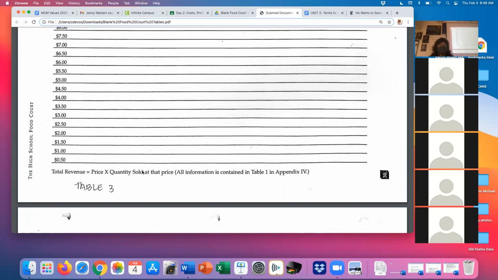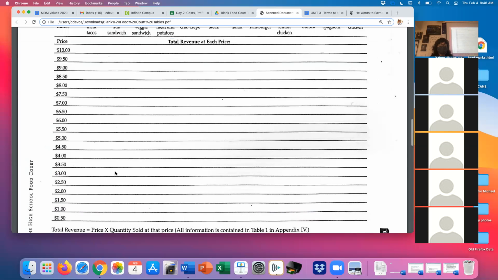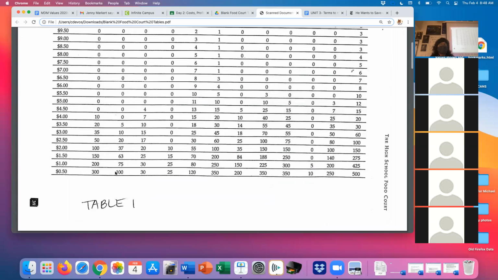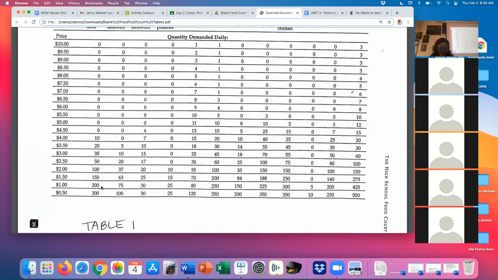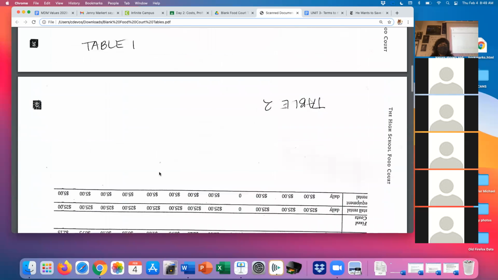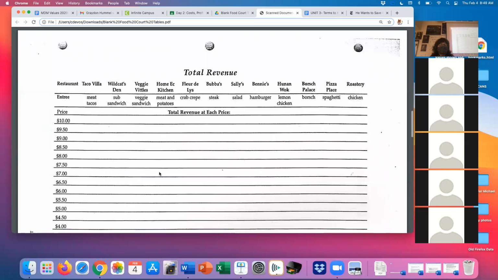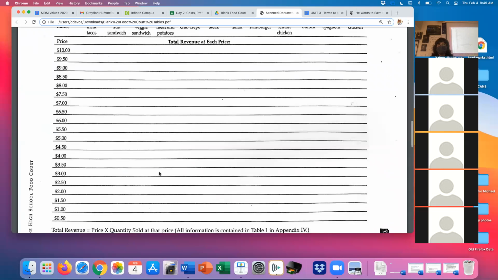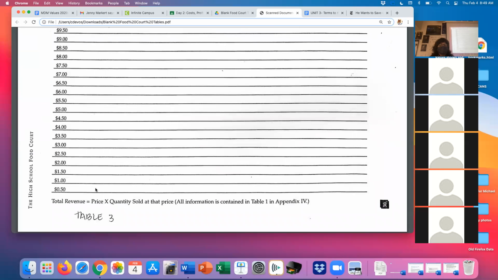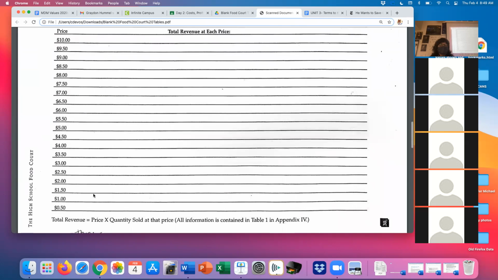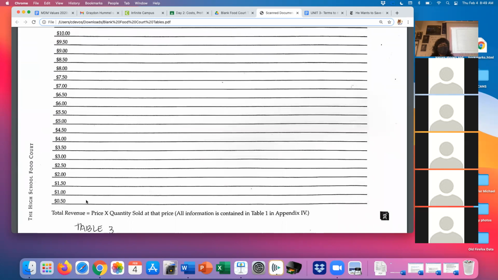So if I go back to table 1, and I'm doing Taco Villa, let's start with the bottom. At 50 cents, I sell 300. So some smart whip do 50 cents times 300 for me. My revenue would be 150 right here.